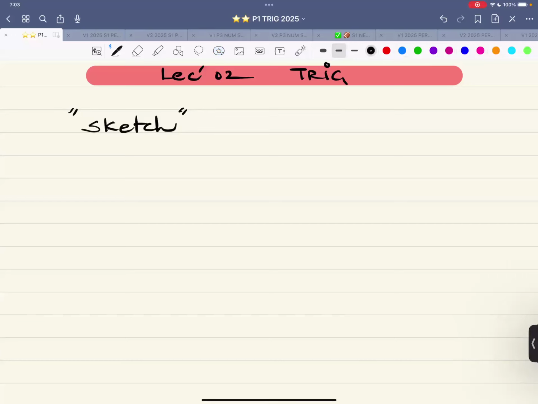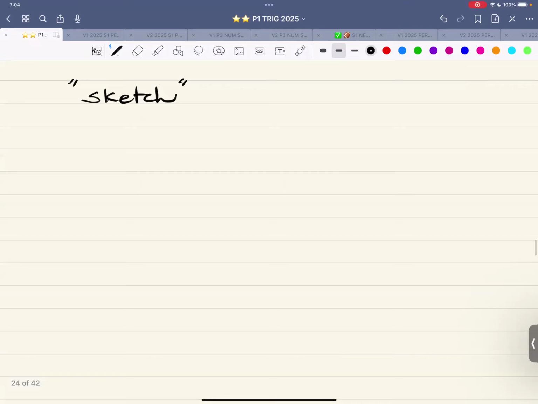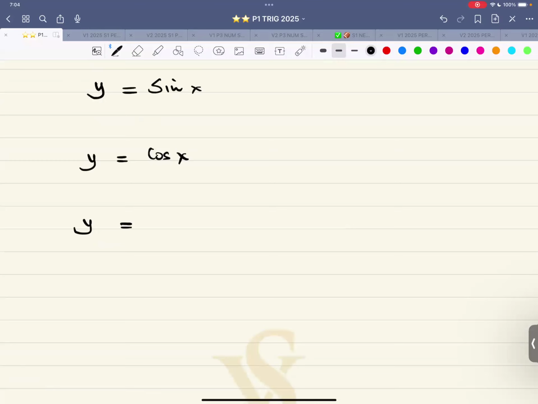Last time we got started with P1 trigonometry, and now we are on lecture 2 of trigonometry. This time it's about sketching the graphs of y equals sine x, y equals cosine x, and y equals tangent x.